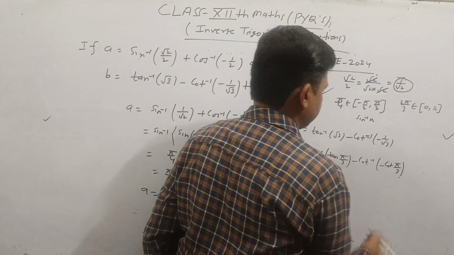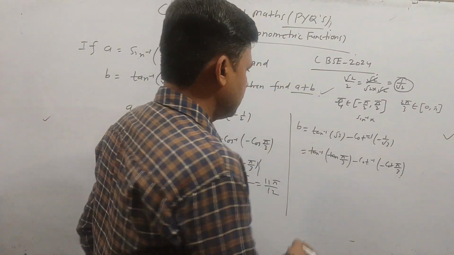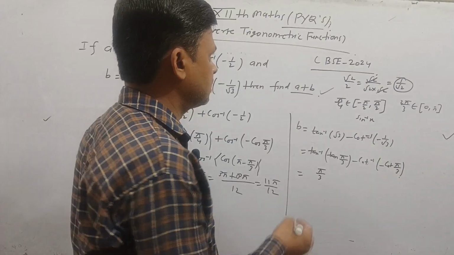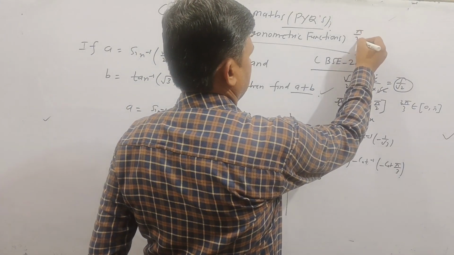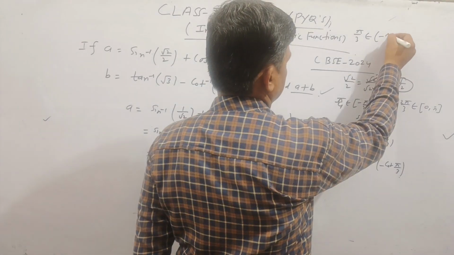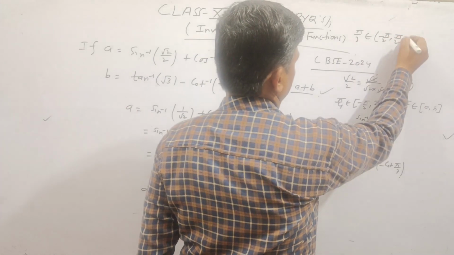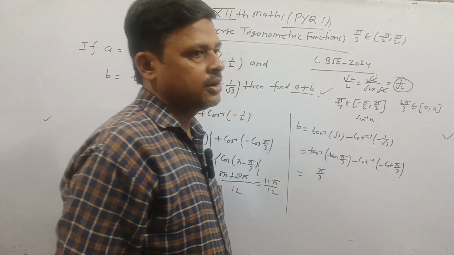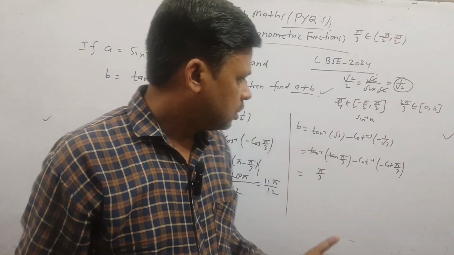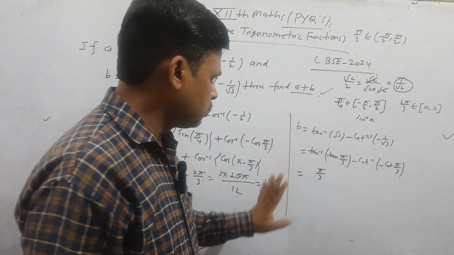Now we can write pi by 3, and pi by 3 is correct because it falls in the principal value range of the tan inverse function, the open interval from minus pi by 2 to pi by 2. Pi by 3 resides in this interval, so it is absolutely correct.